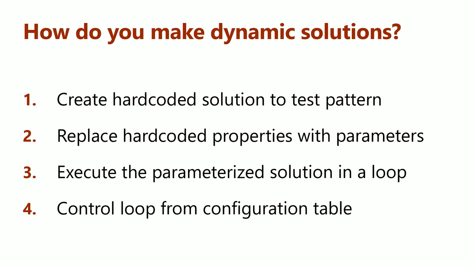And for the ForEach loop, there's also a different type of loop called until that you might want to use to query something until you get data back. So there are a couple more activities that you might want to look into if you're building out these dynamic solutions, but the approach to it is still the same. You want to look up data somewhere and then use that to control a loop or control an execution.